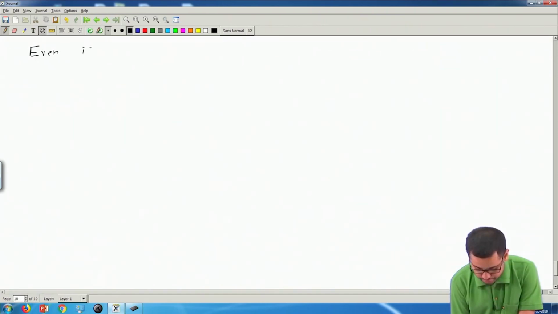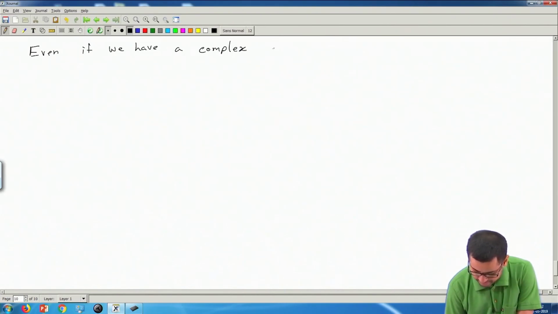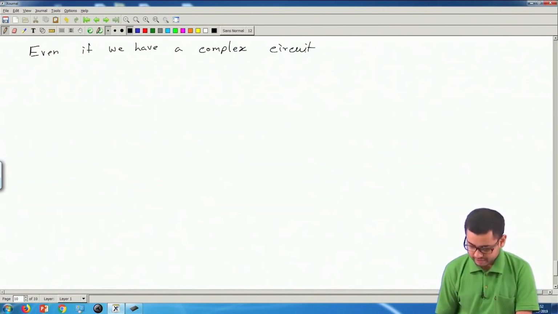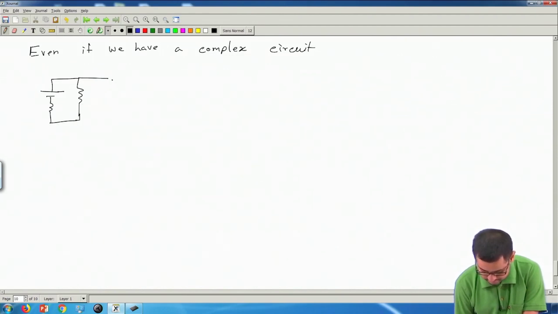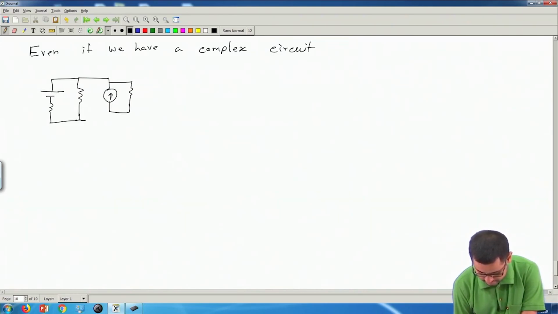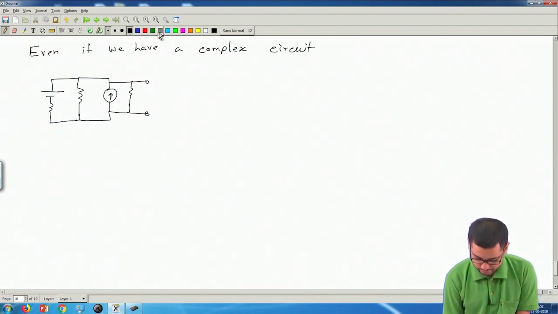Even if we have a complex circuit, say like this, and we want to measure the voltage across this terminal, we have to connect the voltmeter here.